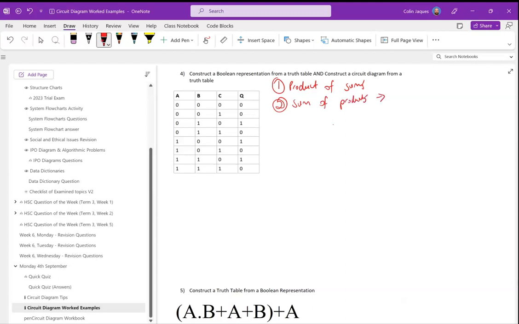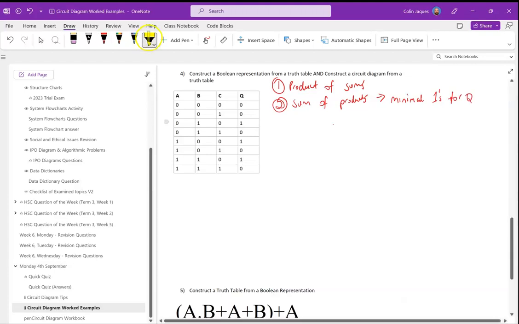And then this particular method, number 2, is used when there are minimal ones for Q. What I mean by that is that in this particular case, there are 3 ones in Q. So we would favor this method, the sum of products method.